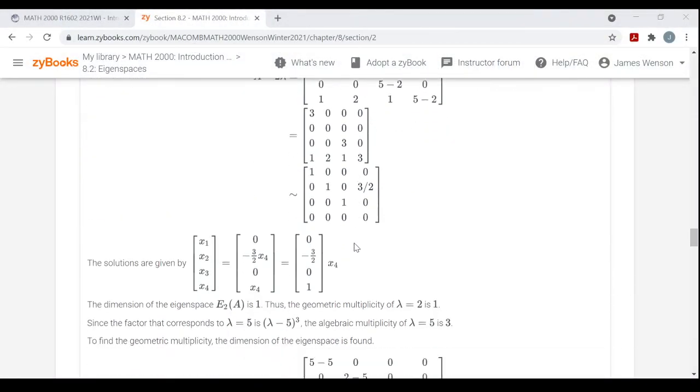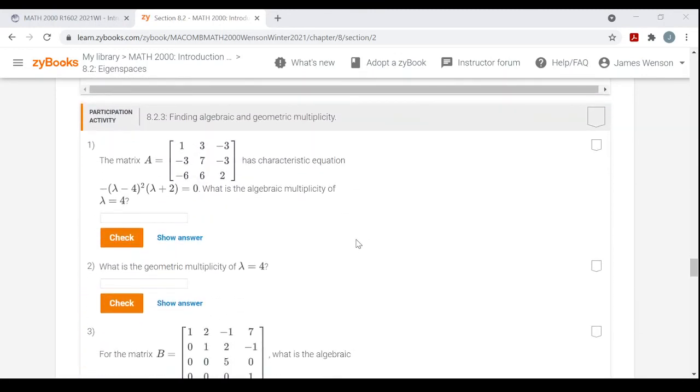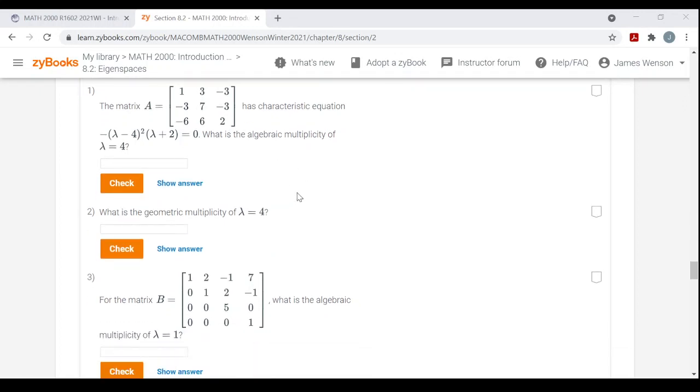Right, again, you can read through. They go through the same kind of stuff I just did here in this example. All right. So I'll leave the activities to you. Now here they're giving you the characteristic equation. So stating the algebraic multiplicity of a specific eigenvalue should be very simple. Stating the geometric multiplicity is a little tougher, right?